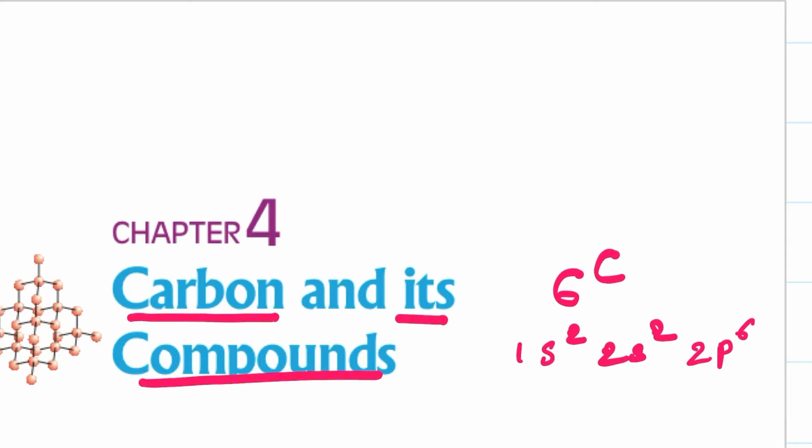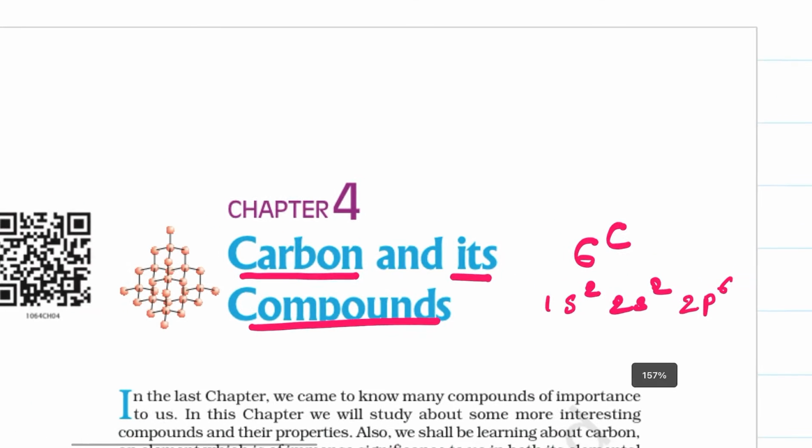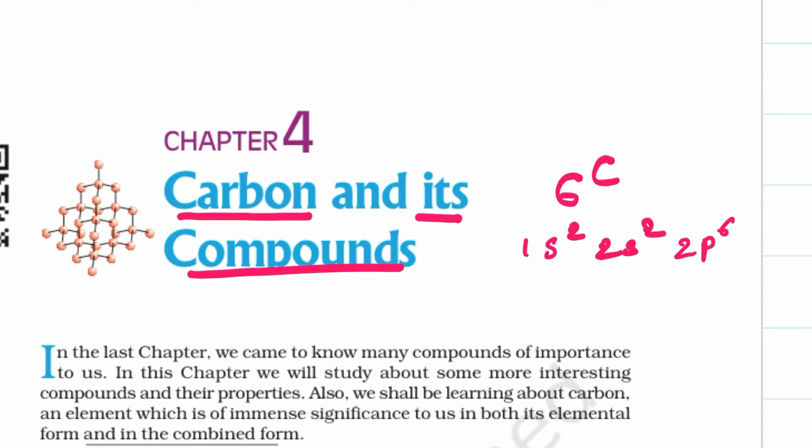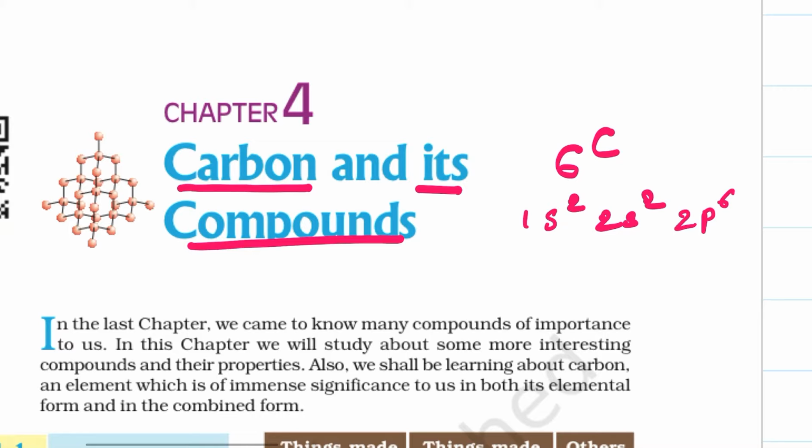We know that carbon is present very little in the atmosphere and on the Earth's crust, but yet it is of immense importance because most of the things around us and even our body is made up of carbon.